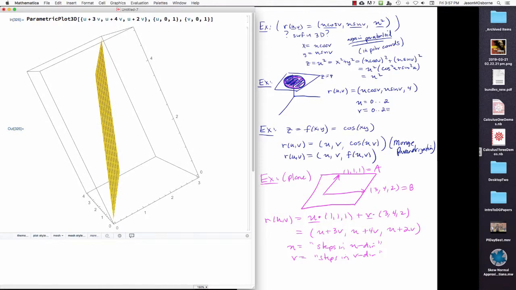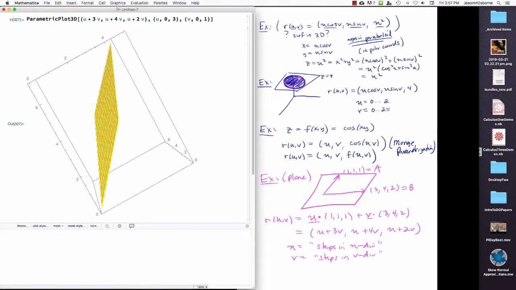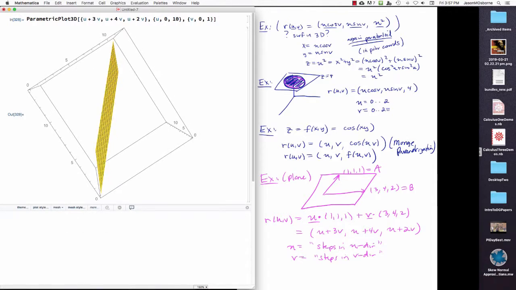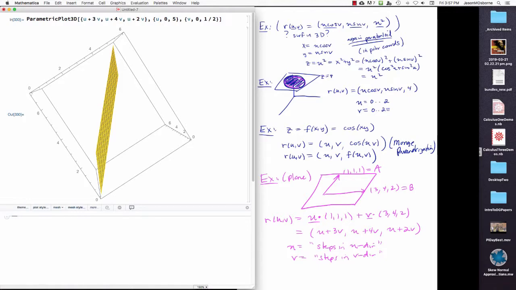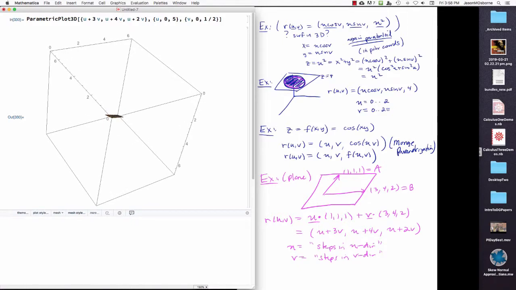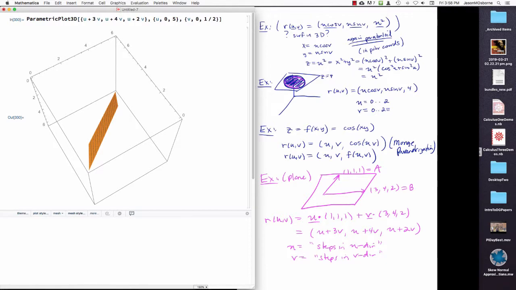If you wanted to take 3 steps in the u direction, the plane gets 3 times wider in that particular direction. Let's make it 10. Maybe we have a scaling problem here. And maybe you want to make it half as long in the other direction. But at the end of the day, you're still getting the equation of a plane. You're just getting the plane that contains the vectors a and b.